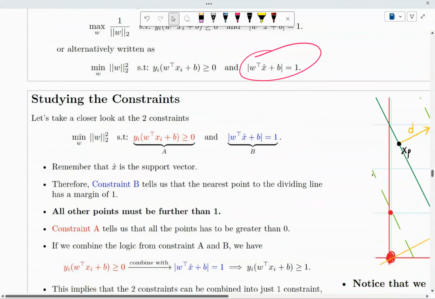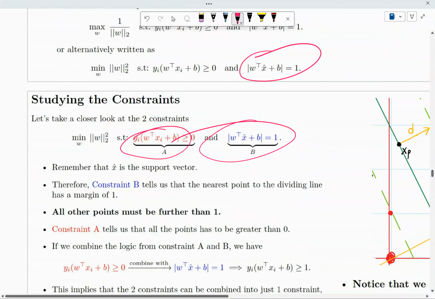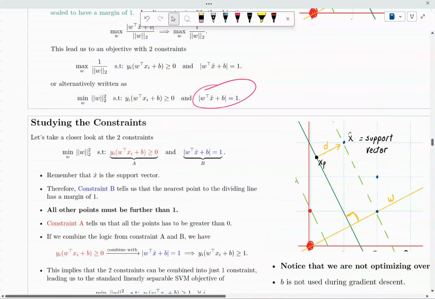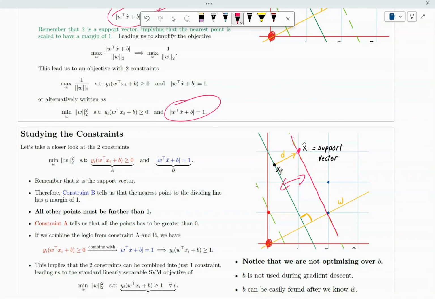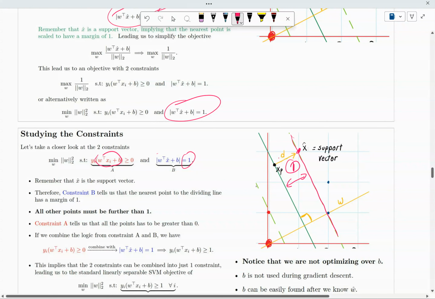Now, if we look at the two constraints very carefully, this one is saying that the support vector has to be at this point with the length of 1, right? And over here, it's saying that 1 times this value has to be greater than 0. Well, we already know this point is at 1, so this distance is at least 1. Therefore, it can't be just greater than 0.